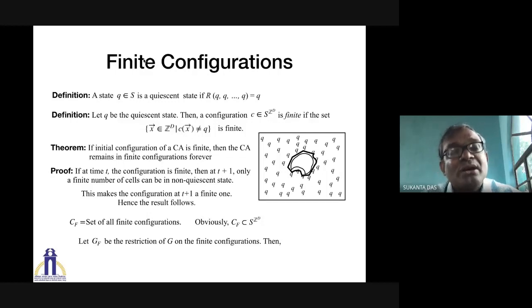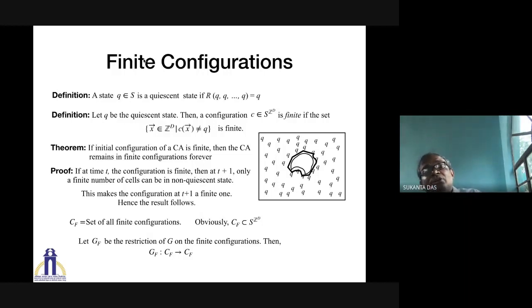I am writing that function as GF, the restriction of G on the finite configurations. Then I can get GF from CF to CF.